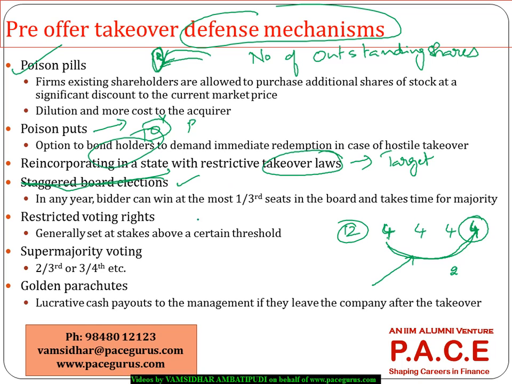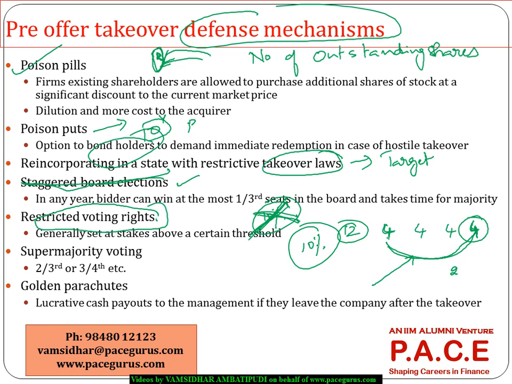Or they also get into the restricted voting rights. It means if a particular company has taken more than, let's say, 10% stake, immediately the voting rights for this company will cease to exist. You can still hold the 10% stake, but you don't have any hold on the operations of the company.